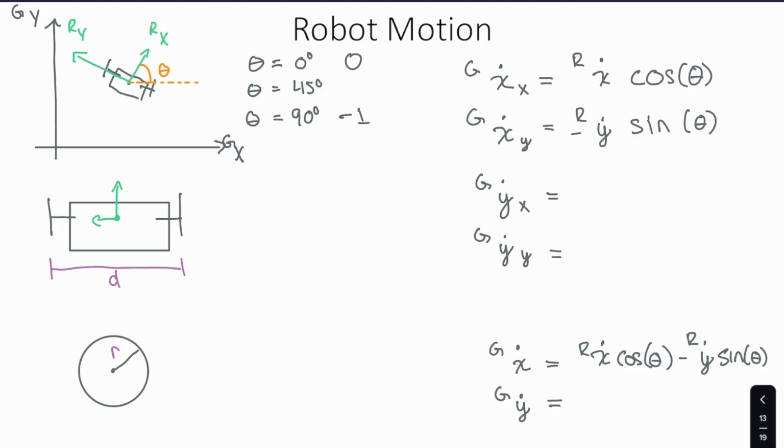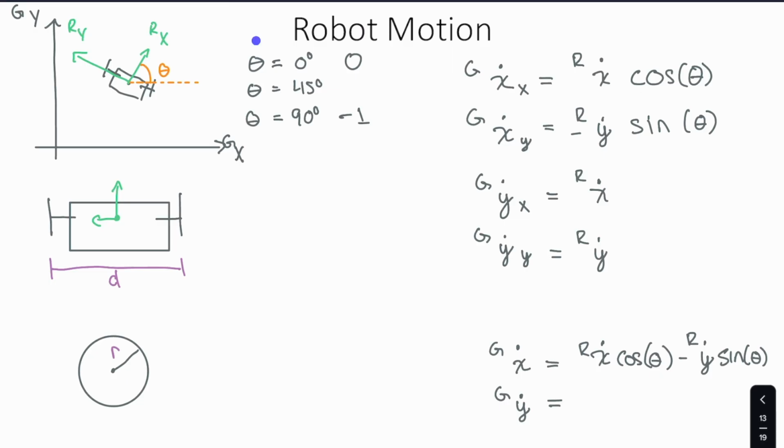So for this first one, it's what happens if we have some translation along x dot, and then the second one in y dot. So the way to map the two sides of the equation is this x here maps to this x, and this y maps to this y. Likewise here.